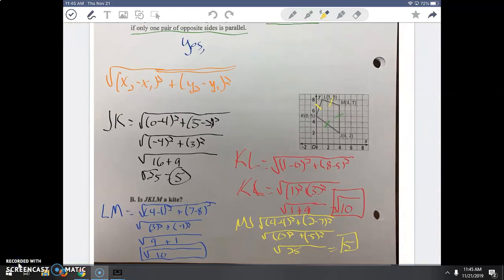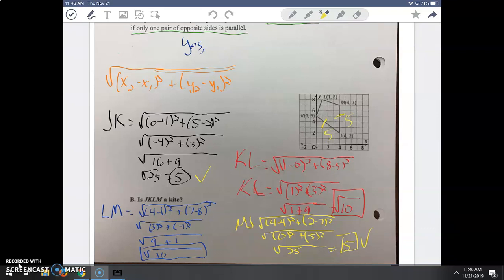Okay, so I did this formula for all of these points, or for all these lengths, okay? And you'll notice that I have the 5 as JK and also MJ, so JK and MJ are both 5, okay?